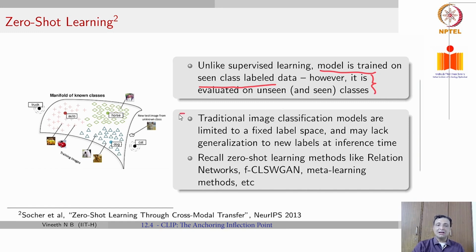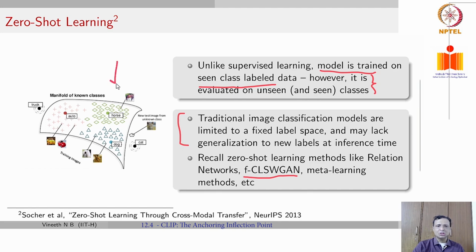We know that traditional image classification models, where you use pure supervised learning, are limited to a fixed output label space and may lack generalization to new labels at inference time. When we talked about zero-shot learning in one of the earlier weeks, we talked about methods like relation networks, generative approaches like f-CLSWGAN, or meta-learning methods to address zero-shot learning.